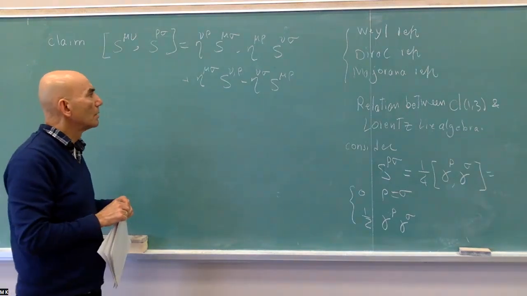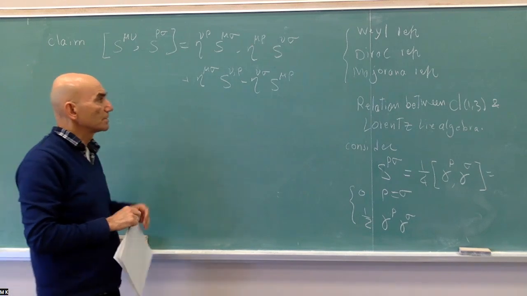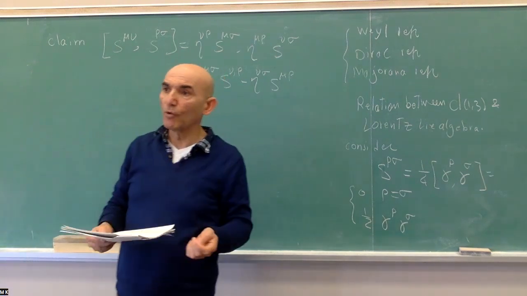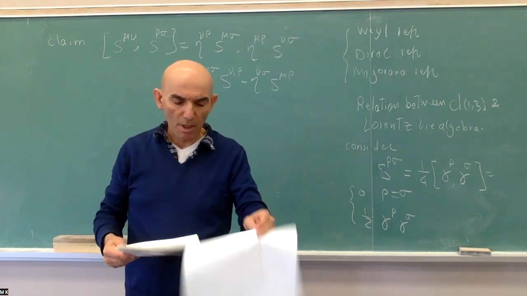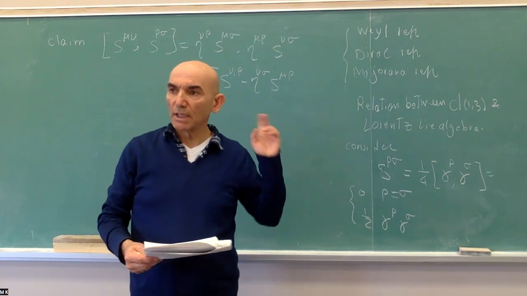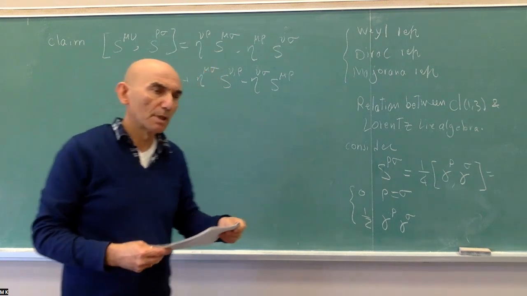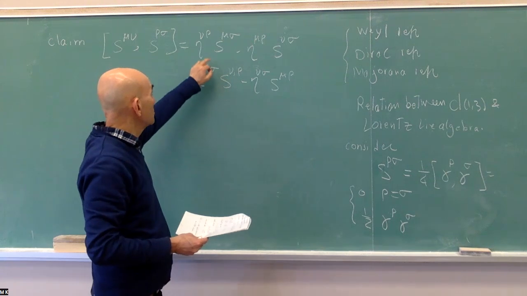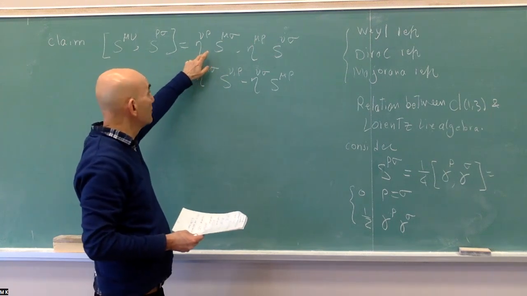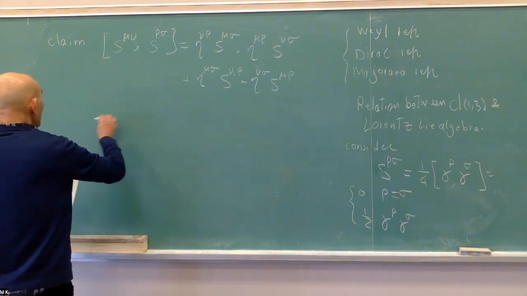Okay. So that's this one. So the relations that I wrote for m rho sigmas are exactly like this. Maybe I made a mistake in the first term, but that's okay.